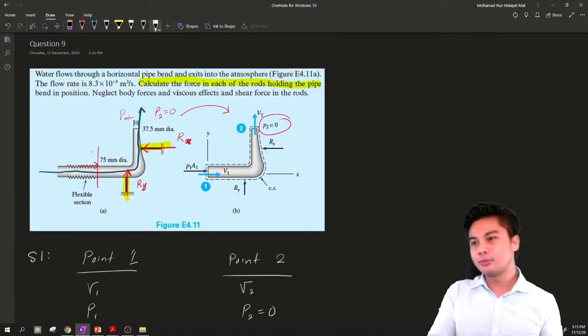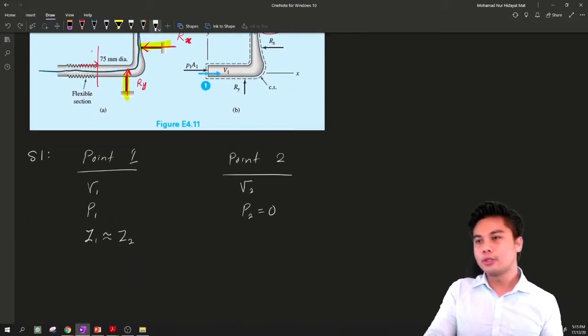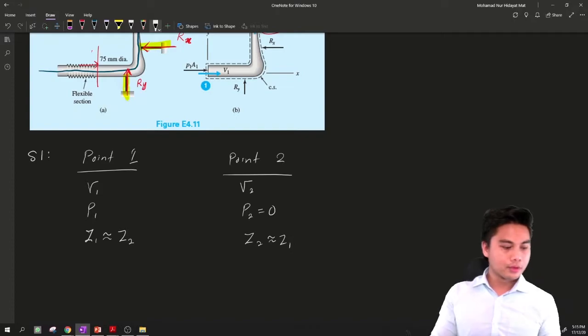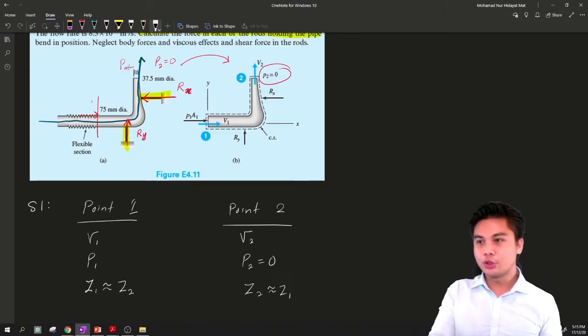This is a very small pipe, because you can see it is in millimeters. So we can assume that Z1 is almost at the same level as Z2. From here, we need to find the velocity at each location, velocity 1 and velocity 2.